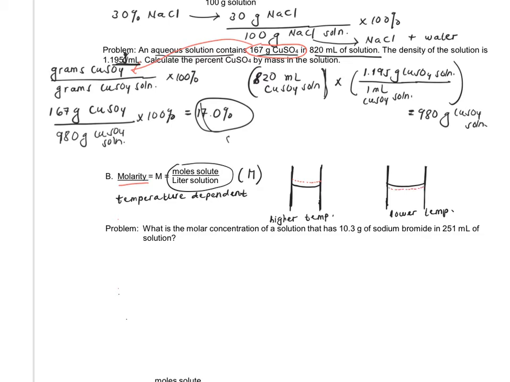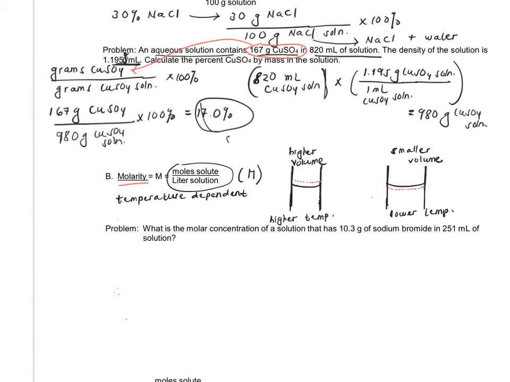So you may read a smaller volume than it should be. So at higher temperature, the volume of the liquid will expand, so you may have a slightly higher volume, and this can lead to a smaller molarity, versus lower temperature, you're going to get a smaller volume reading, and your molarity will be higher. Okay, so molarity is dependent on the temperature.